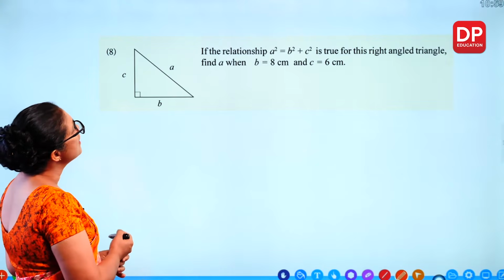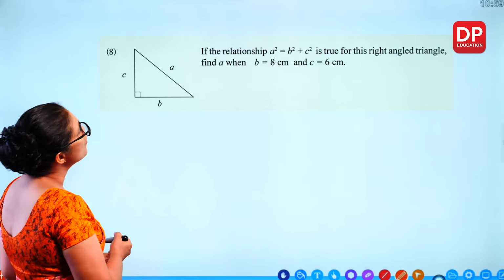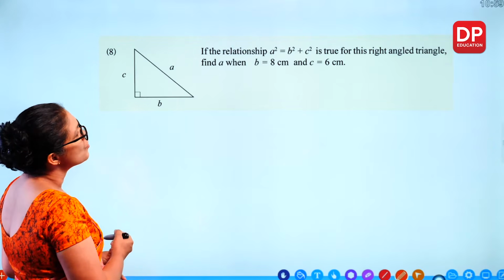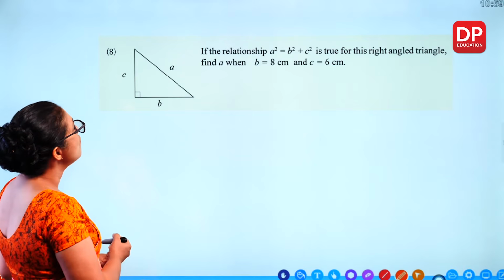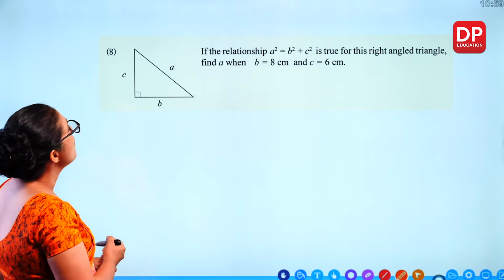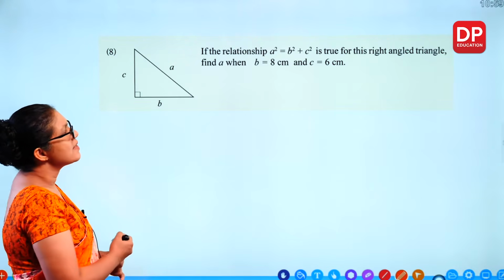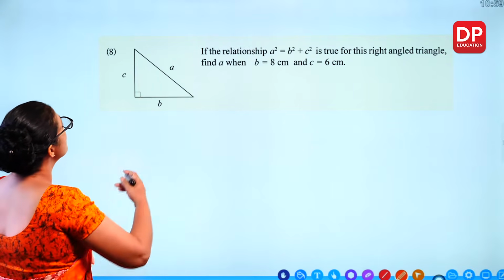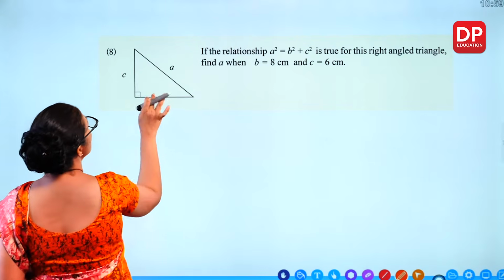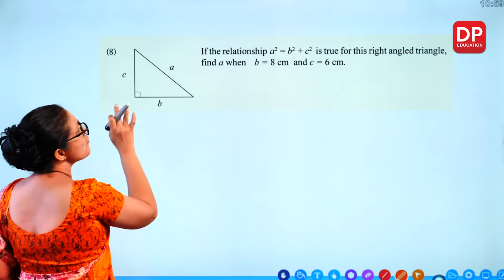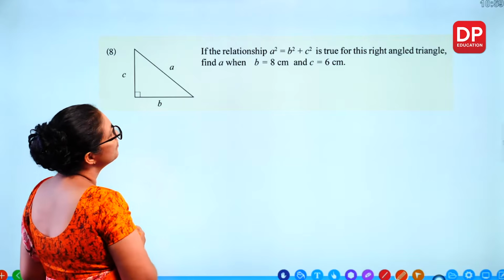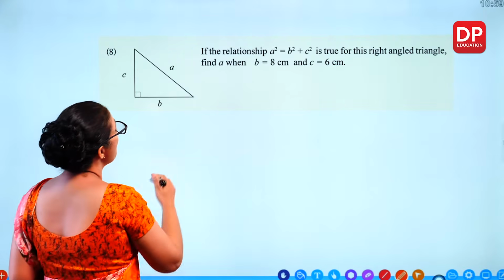Question number 8. If the relationship a squared is equal to b squared plus c squared is true for this right angle triangle, find a when b equals 8 and c equals 6. What is this? Pythagoras theorem. So this is hypotenuse squared is equal to the sum of squares of the other two sides. Now apply.